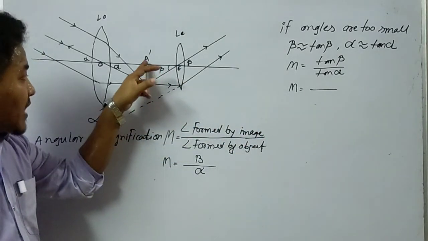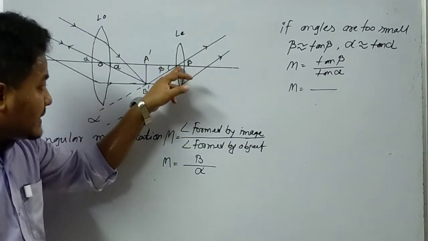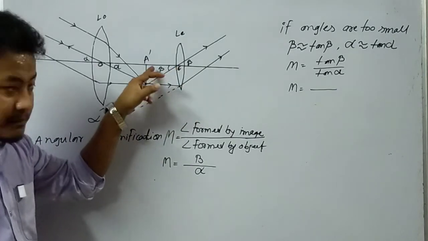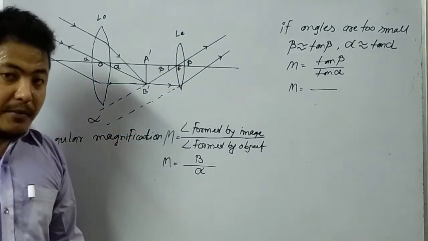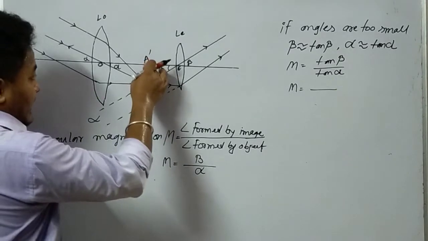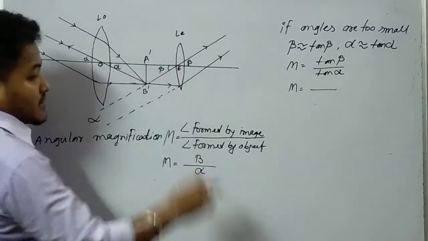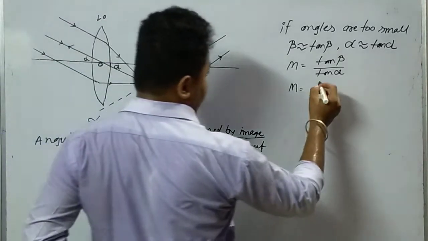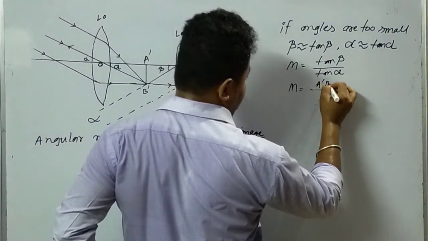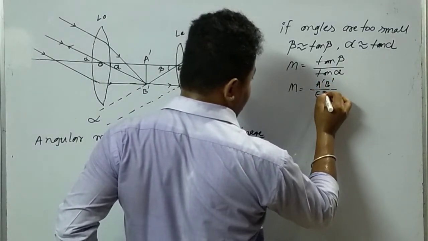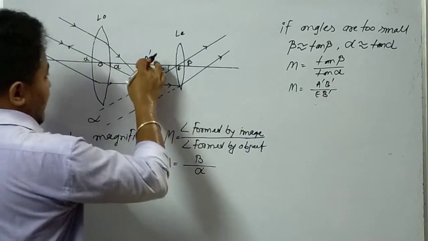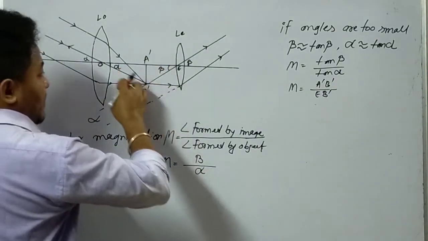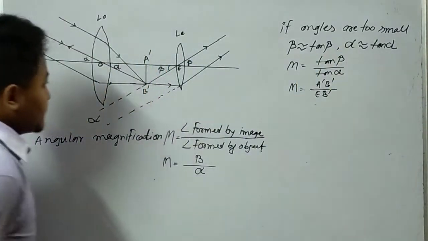So from triangle A D S, I will find beta. Tan is equal to perpendicular upon base, so A D S by E B dash. Is it clear? A D S by E B dash, perpendicular upon base for tan beta.